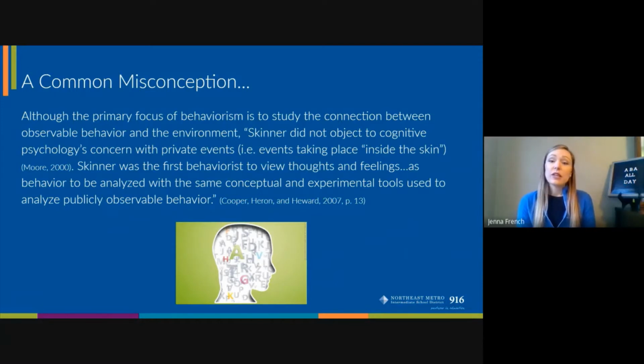Skinner was one of the first behaviorists to view thoughts and feelings as behavior to be analyzed with the same conceptual and experimental tools used to analyze publicly observable behavior. So again, our primary focus is on that observable behavior, but we do not discount the internal activities and private events that go on maybe in our mind or in our bodies.